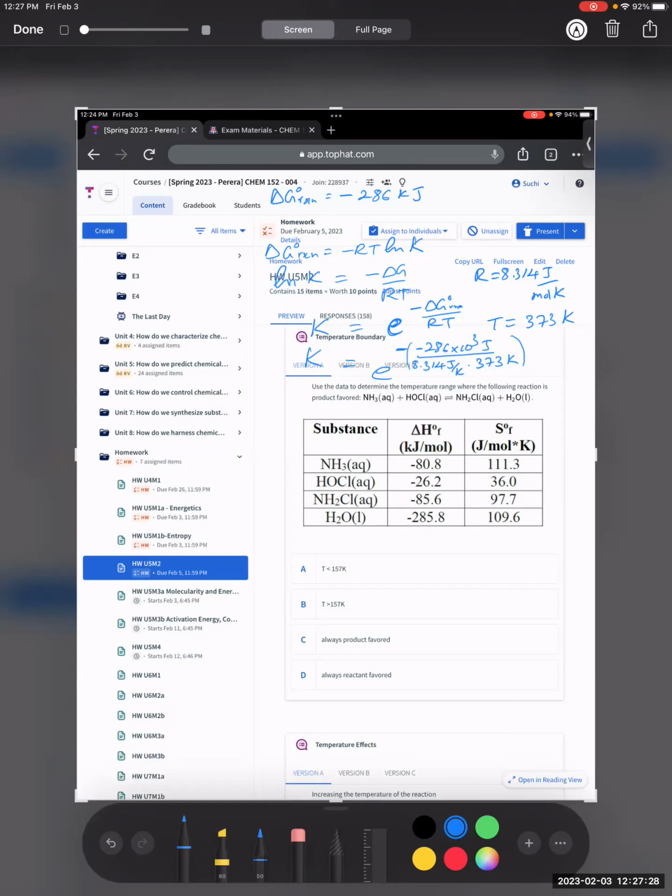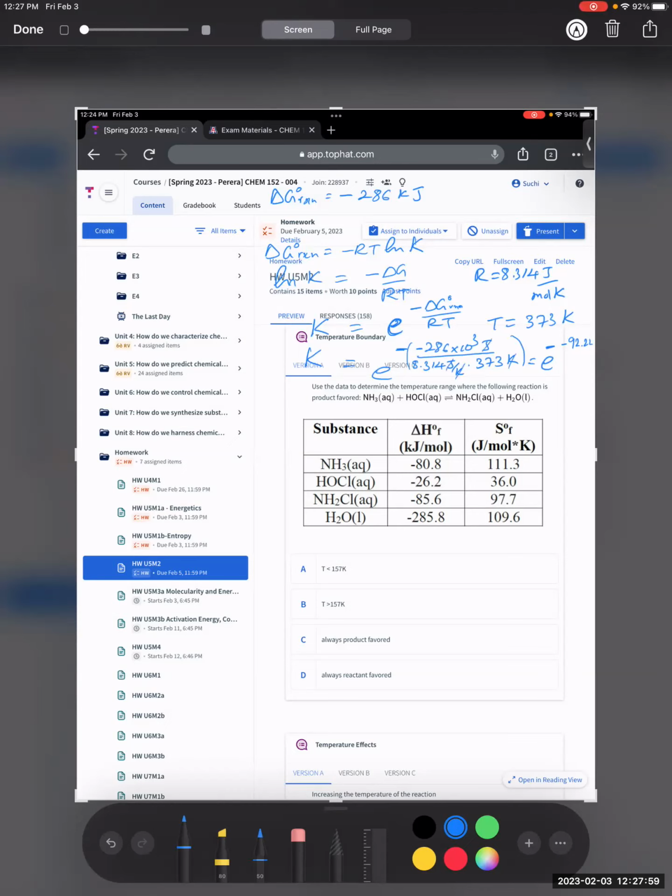If you do that, I got minus 92.22. So with the numbers I got, e to the power of minus sign is here, minus 92.22. The units cancelled out, so there are no units now.